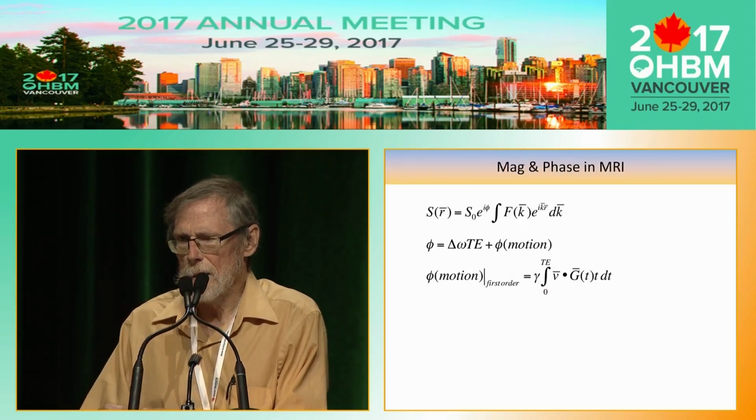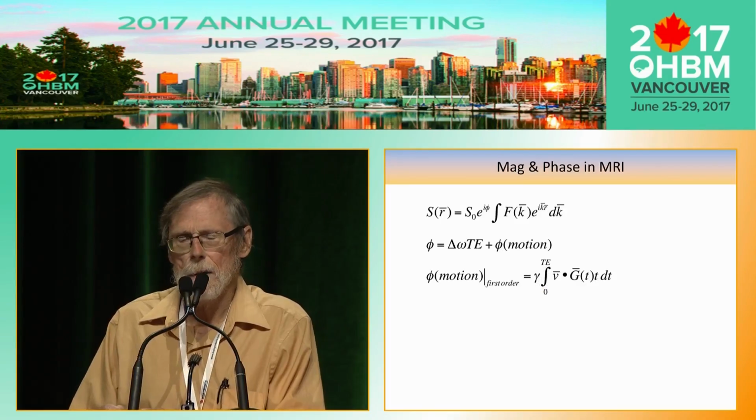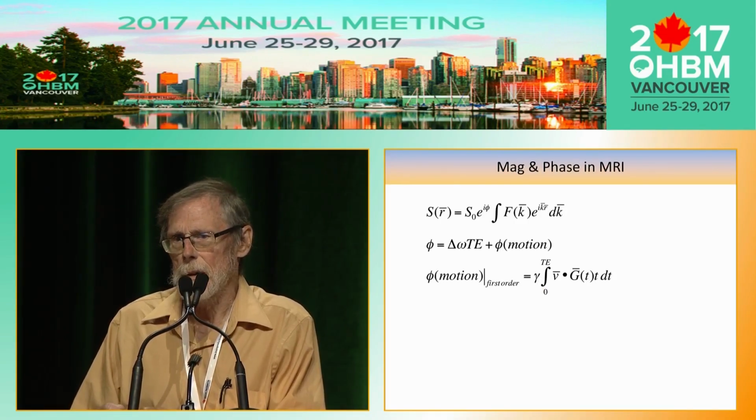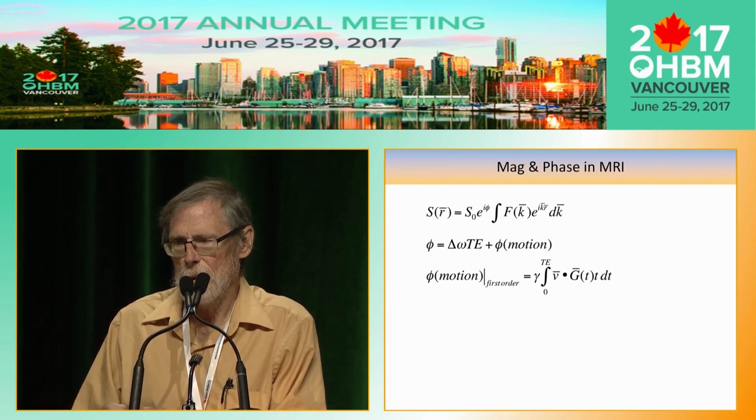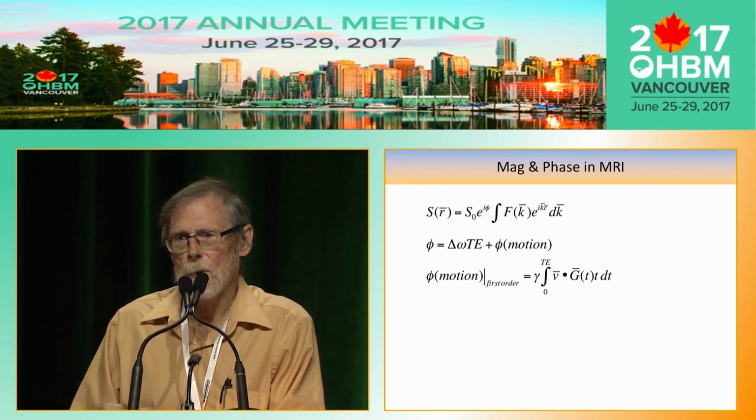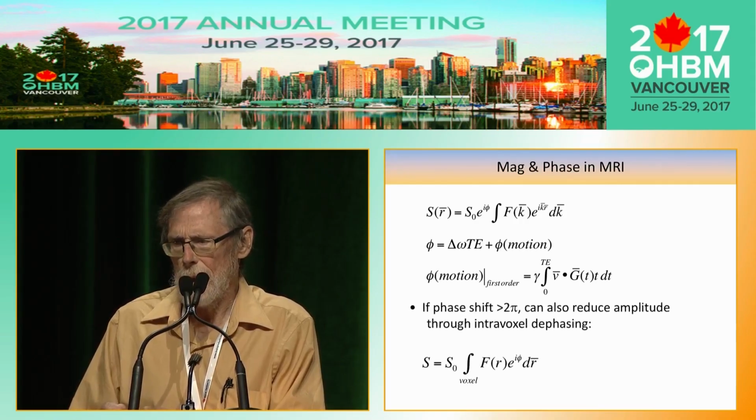Well, it turns out that you can not only have a change in the phase from a change in the frequency of the spins, but also if they're moving. And we see that the phase in a first order motion due to velocity will give a phase shift also. And if the phase shift is large enough, it could also reduce the amplitude through intervoxel dephasing.